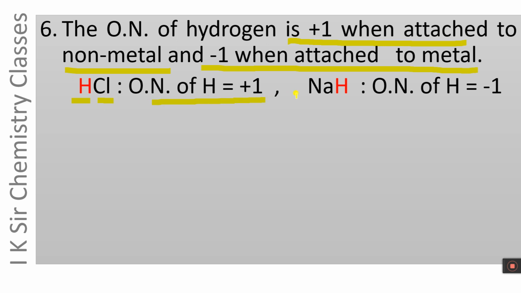On the other hand, in sodium hydride, hydrogen atom is attached to sodium, which is a metal, and when hydrogen is attached to metal, its oxidation number is -1, and when hydrogen is attached to nonmetal, its oxidation number is +1.